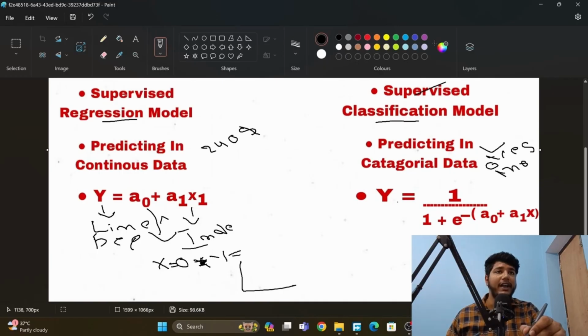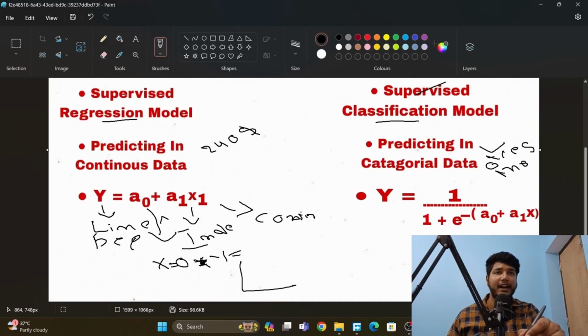Whereas in logistic regression, y is also the dependent variable, and the equation is 1 over 1 plus e to the power minus (a0 plus a1 x), where x is the independent variable. The difference here is that by using the equation in linear regression, we get continuous data.